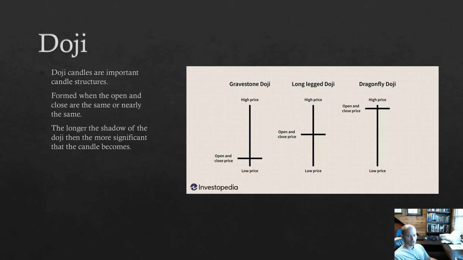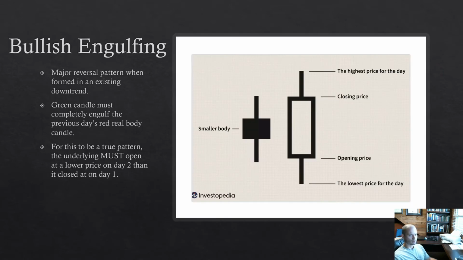So the next candle structure pattern that we're going to talk about is the bullish engulfing. This is a pretty major reversal pattern when it's completed in a downtrend. Typically, a bullish engulfing candle will open lower than the previous day's close and close higher than the previous day's open.